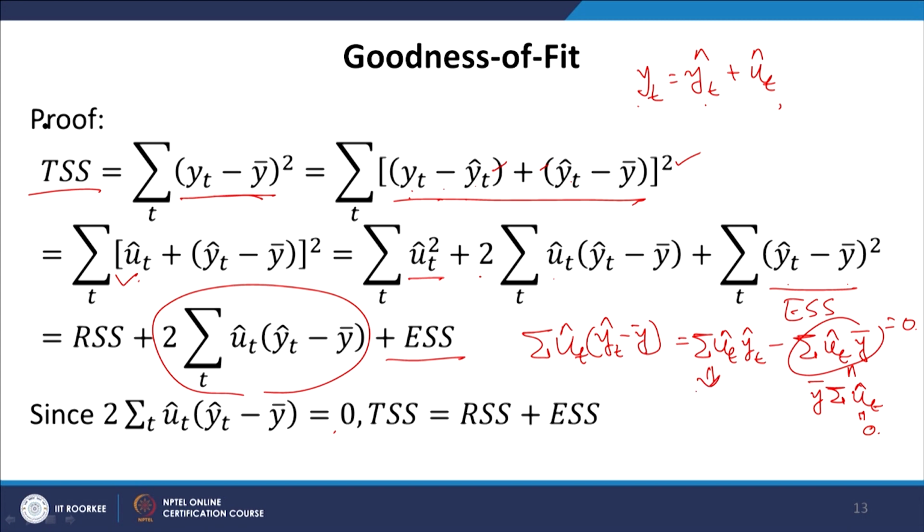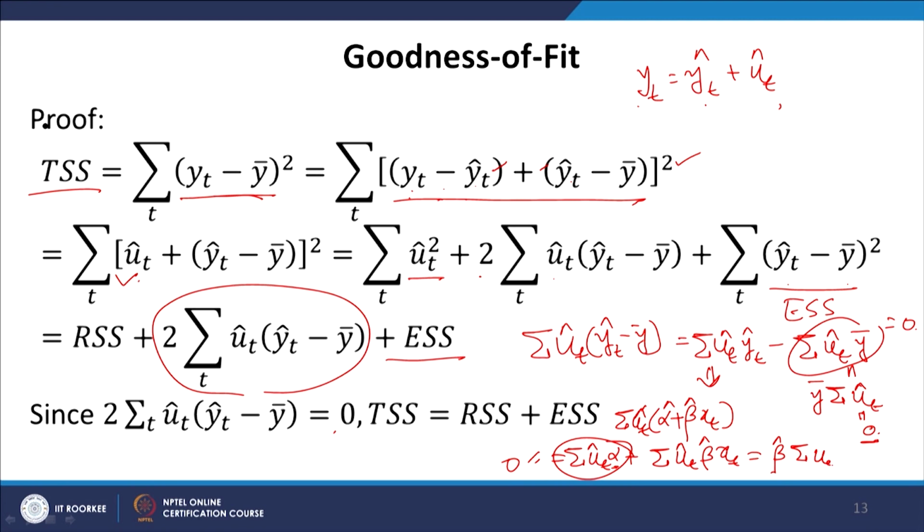And if I expand the other expression, we have summation ut hat into alpha hat plus beta hat xt. Again, by breaking it, I will have summation ut hat alpha hat plus summation ut hat beta hat xt. Now, note that alpha hat is constant. So, again since summation ut hat is equal to 0, this term equals 0, and the other term will become beta hat summation ut hat xt, right, and this term is 0.